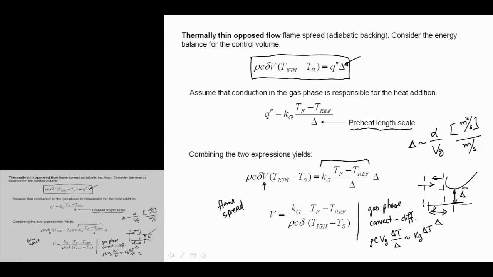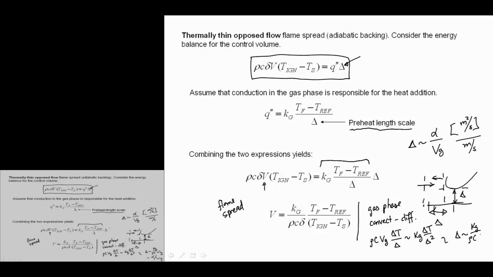And this is where I got delta looks like Kg over rho C Vg. And this is our alpha over Vg expression. So we know delta looks like alpha over Vg. In some respects, this isn't asking for us to know that, but we do know that.